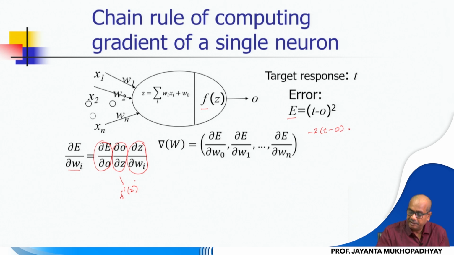For example, say f(Z) is a ReLU function. Given the value of Z in the positive region, the derivative is 1.